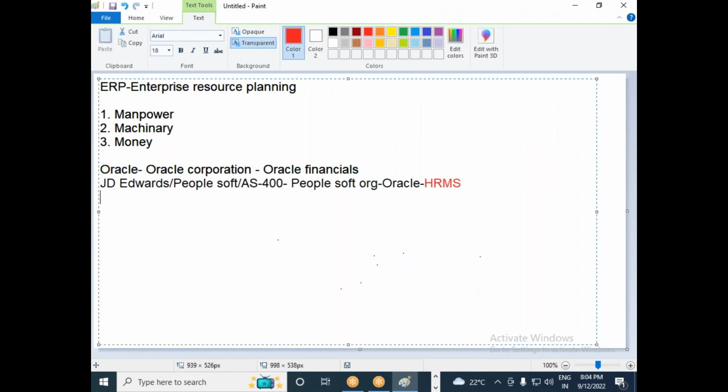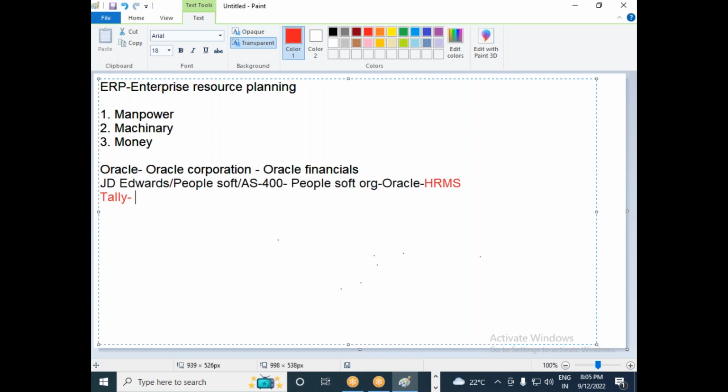Then you have Tally. I think you already know about it, Tally. Tally is one of the software used as an enterprise resource planning tool to provide solutions for small and mid-size organizations. If my organization is a small-scale industry, I cannot spend a lot of money, right?